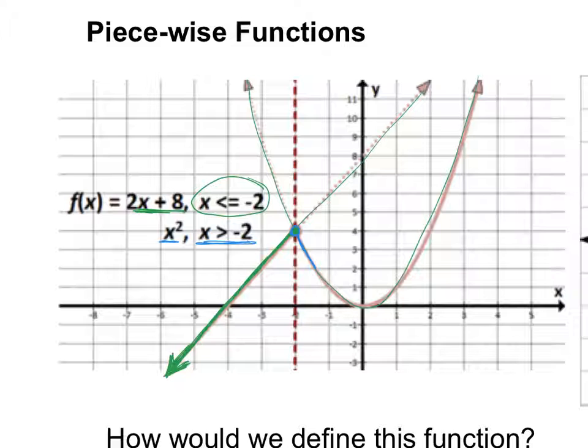It's like we turned onto a separate road. So now we're on this parabola, and we follow it for the rest of the time. So that's what a piecewise function is. It's just telling you to follow this function for this range of x's, and follow that function for that range of x's.